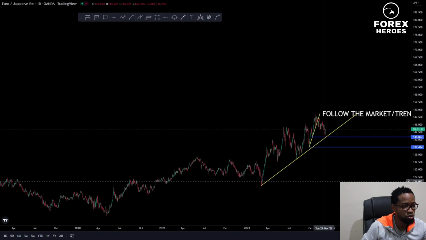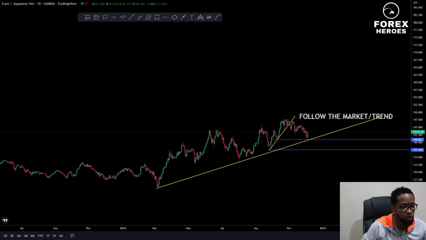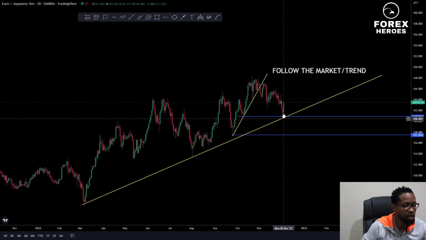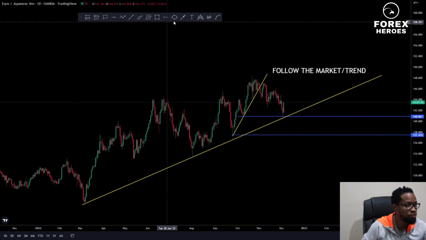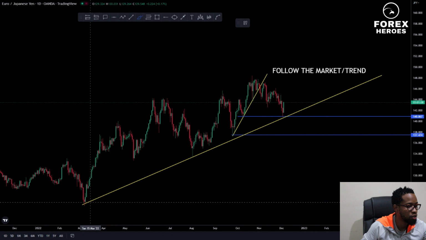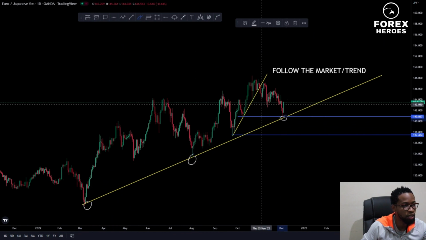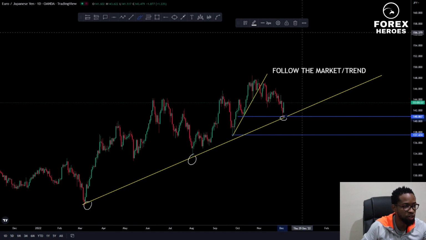You can also see if you take it from this point 1, 2, this will be our third point. The market is saying I'm rejecting here because I'm at the third touch. 1, 2, 3. So here I can see that we are having a greater formation of a continuation of this uptrend.